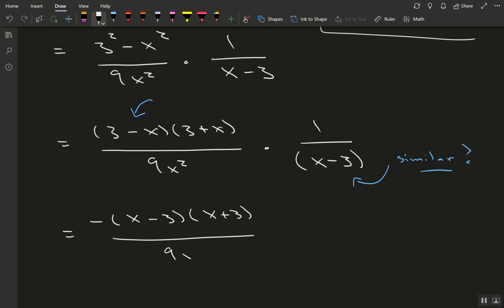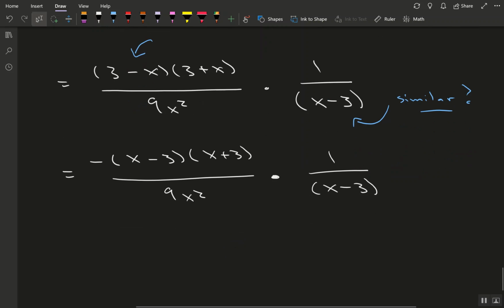And then down here I have 9x squared, multiplied by 1 over x minus 3. And then hopefully you can see that these guys are going to cancel out, and you're left with negative x plus 3 all over 9x squared.